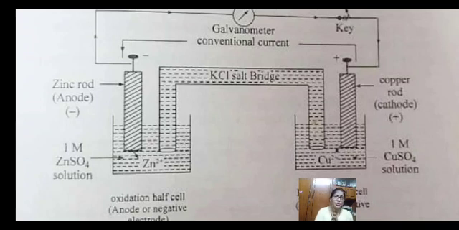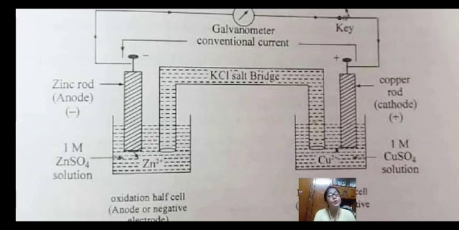But why does it happen so? It is supposed to ideally flow electricity in the opposite direction to which the electron is flowing, but it is not doing so. Why? There are some reasons. The reason being, Zn continuously is getting converted to Zn2+, releasing 2 electrons. So surrounding the zinc metallic rod, there will be a number of Zn2+ ions, and surrounding the copper electrode, there will be a number of electrons.